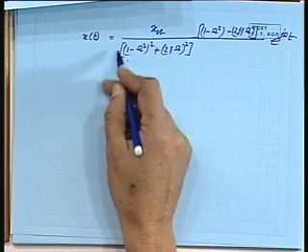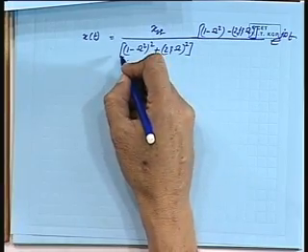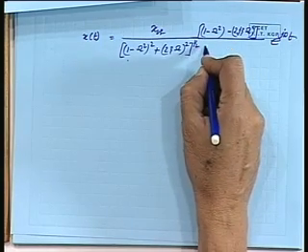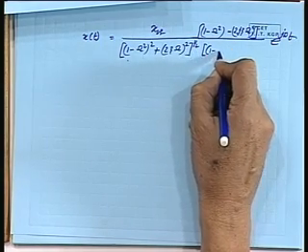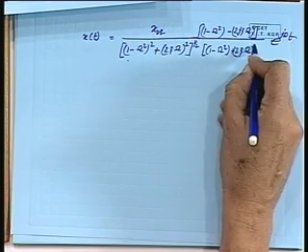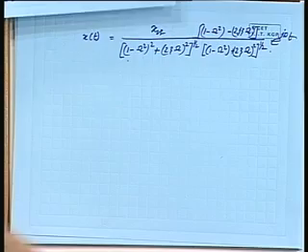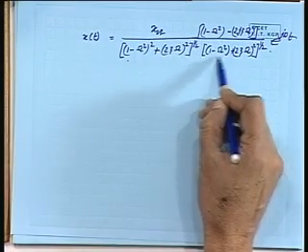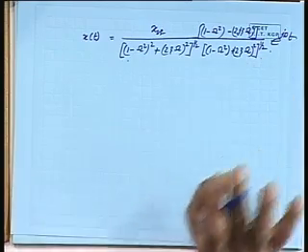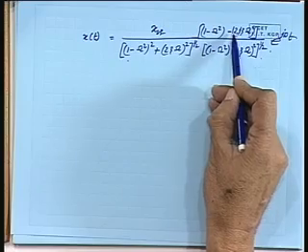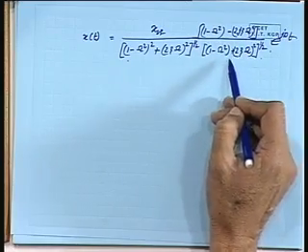Now, if you try to split it up into two parts, like half you take here and you take another half here, right, then 1 minus omega square by this part will give you cos phi t where phi will be defined, and minus 2j this omega will give you minus j sin phi t.